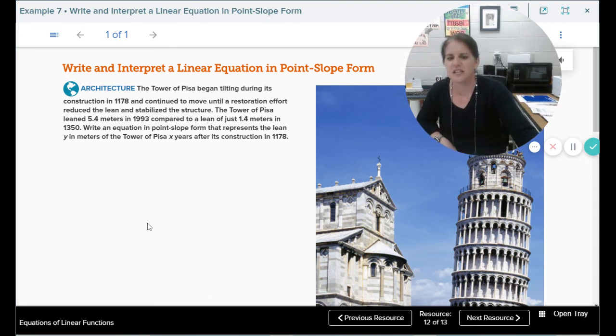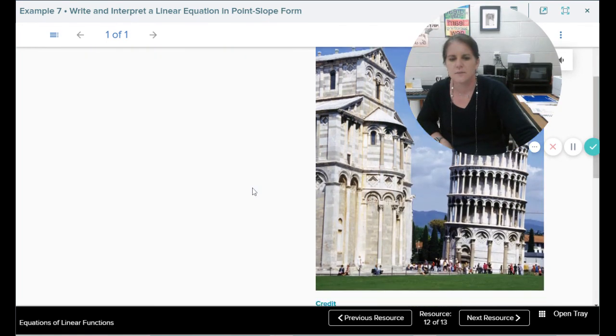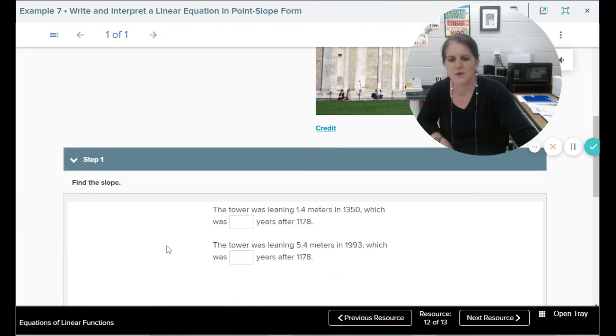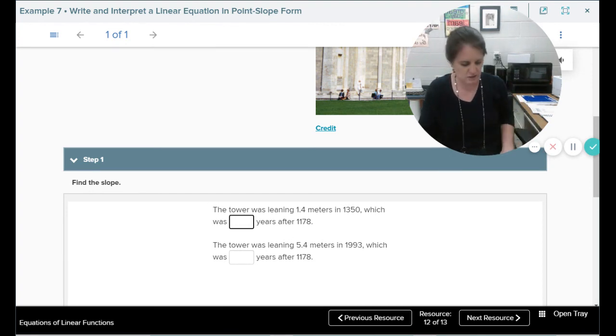Okay, so let's look at this. Find the slope. How are we going to find the slope? Well, the tower was leaning 1.4 meters in 1350, which was blank years after 1178. How many years later was that? So let's calculate by subtracting. 1350 minus 1178 is 172 years later.